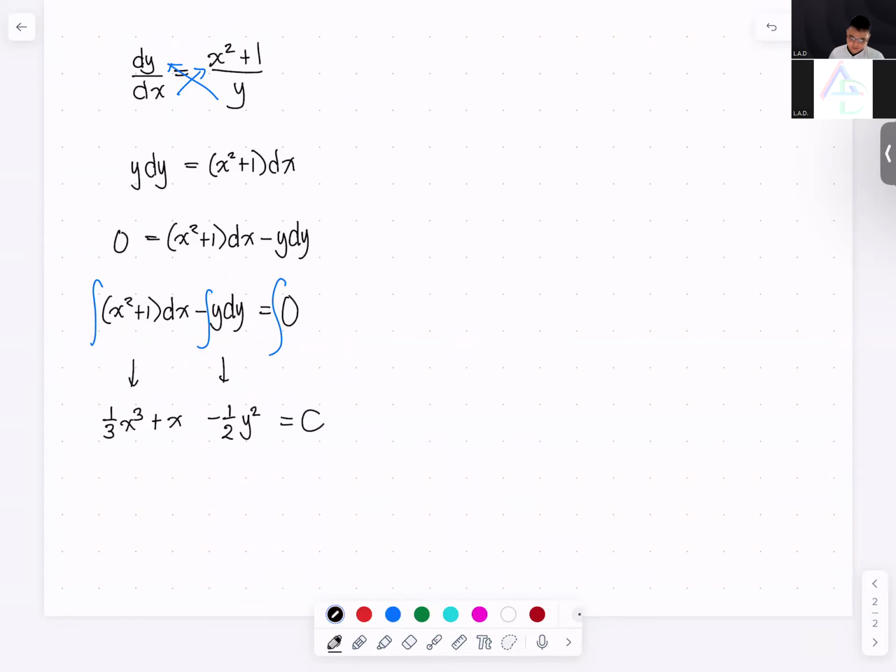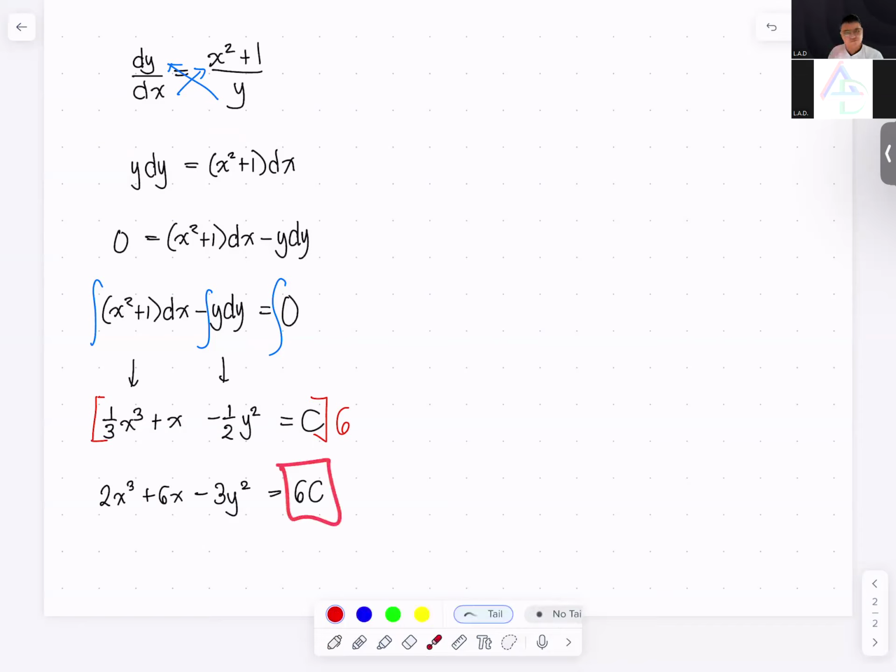Now if you don't want to see any denominator, you can multiply all of these by 6, which is the least common denominator of the equation. So distributing 6, it becomes 2x cubed plus 6x minus 3y squared equal to 6 times c.